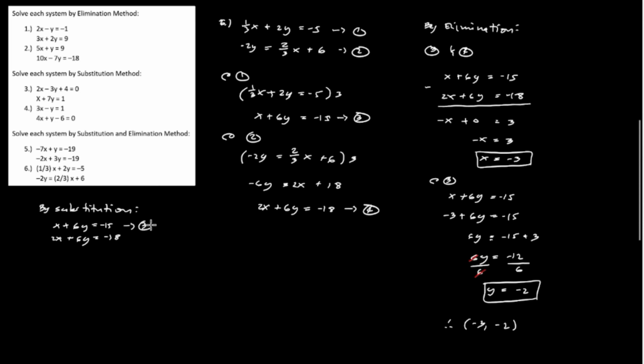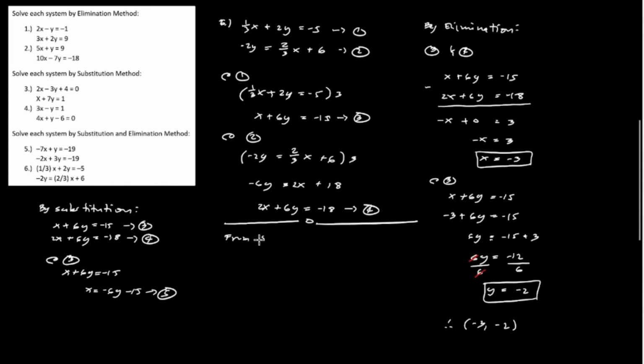So this is equation 3 and equation 4. At 3, we can find the value for x in terms of y. So x plus 6y is equal to negative 15, and x is equal to, transpose 6y, so negative 6y minus 15. And this is equation 5.